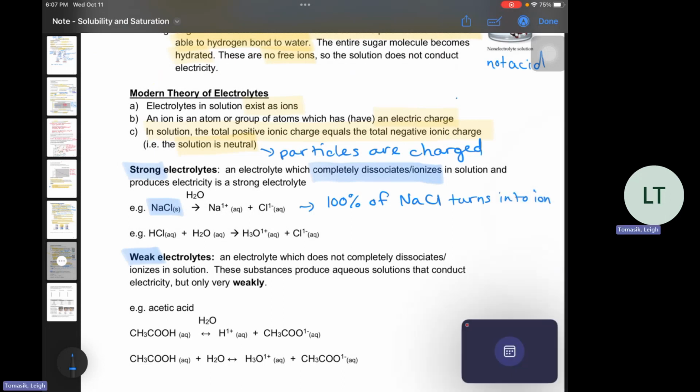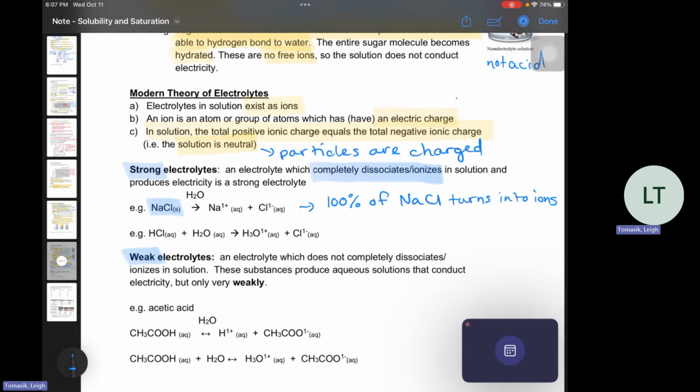None of it stays together, right? So long as it's under its saturation point. Same with hydrochloric acid. All of the hydrochloric acid turns into ions.